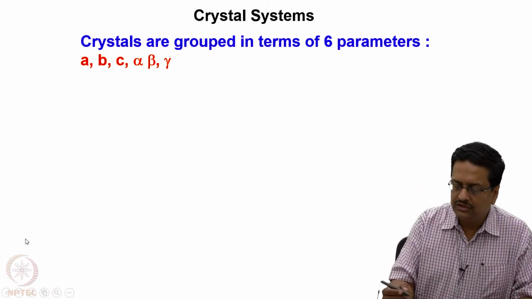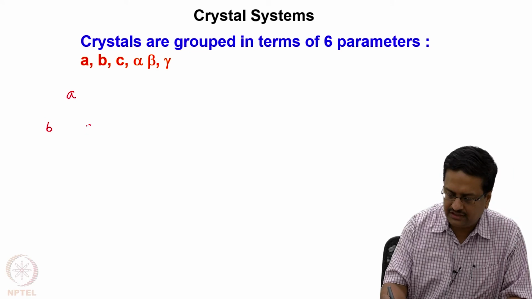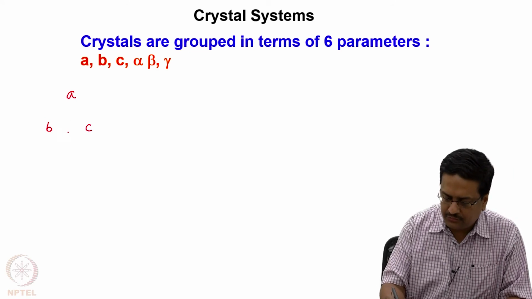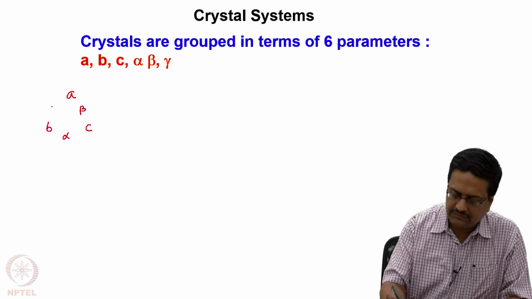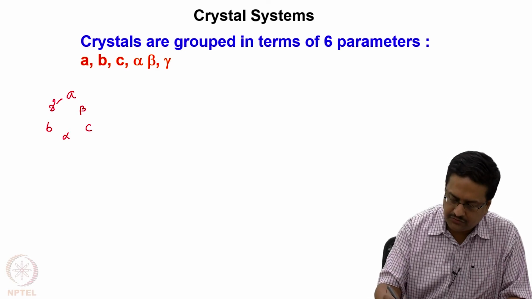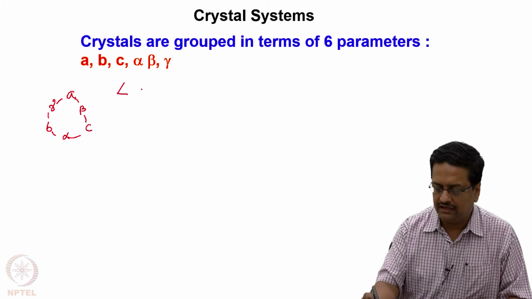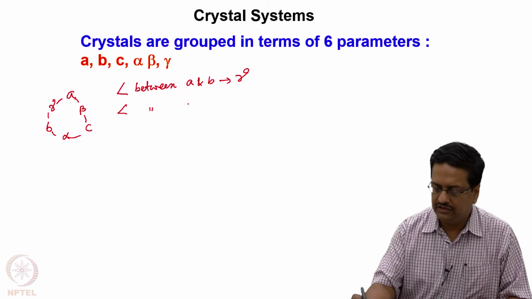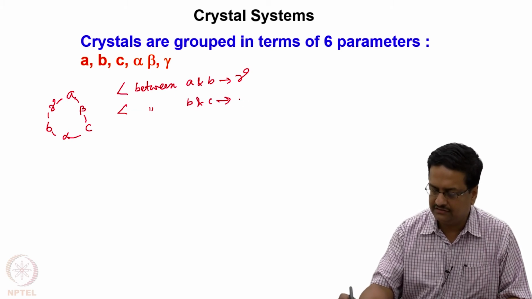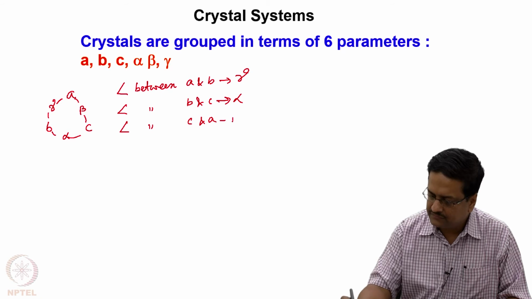So, now to remember this easily, if I write a, b, c in a triangular manner and write alpha opposite to a, beta opposite to b and gamma opposite to c, and then form the circle, then it means the angle between a and b is gamma, angle between b and c is alpha, and the angle between c and a is beta.